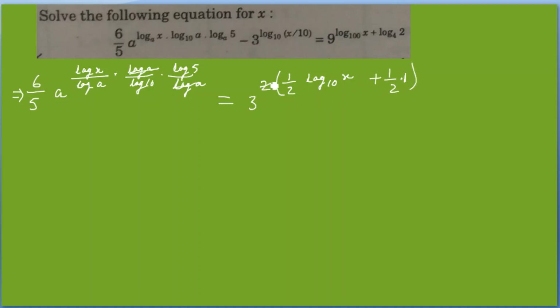So this 2 is cancelled with these two both, and now this term is taken here in the right hand side. It is written as log 3 log 10x upon 10.